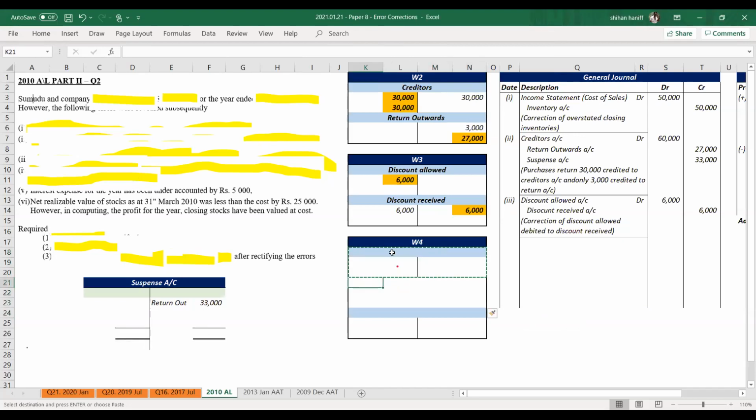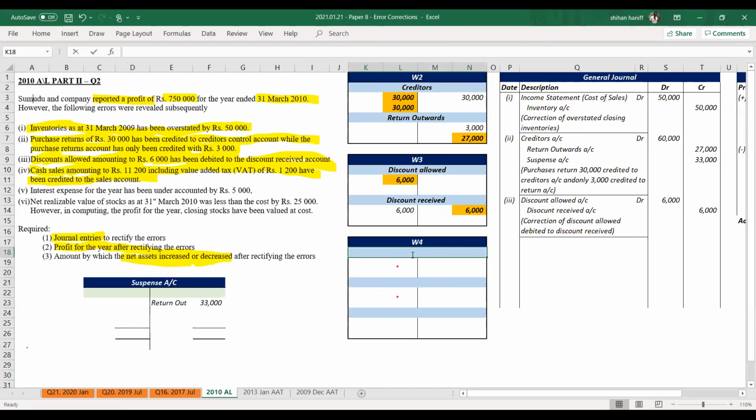So what they have done is, when they do the cash sales, cash account was debited 11,200, and it has been credited to sales account. This was the transaction that they have done.